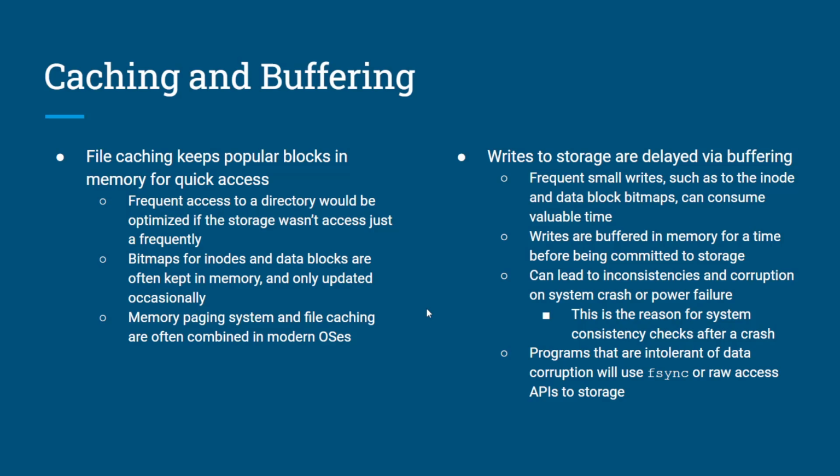So our last topic is going to be about caching and buffering. Caching and buffering are 2 ways we manage to make an operating system and a file system more efficient. Caching is where we actually keep popular blocks in memory for quick access.